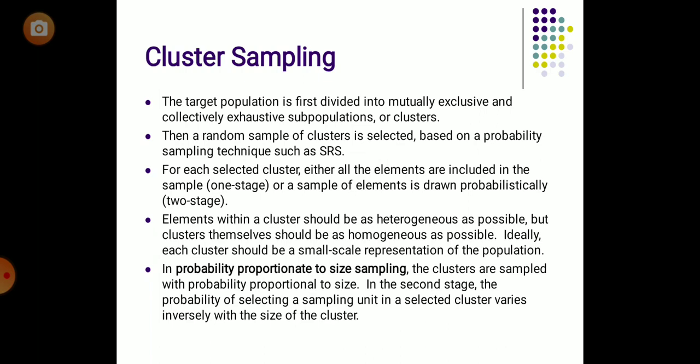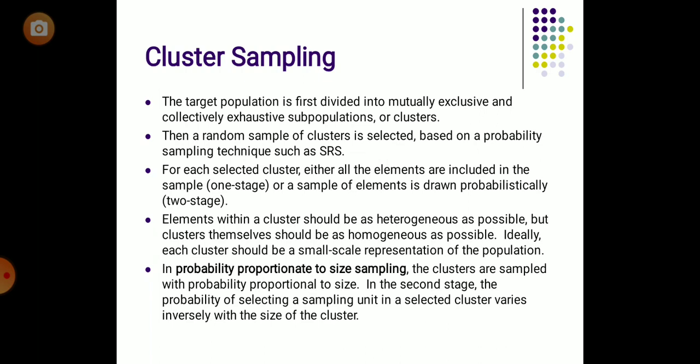Again, I am repeating it. In cluster sampling, within a group respondents should be heterogeneous, and between groups it should be homogeneous. In cluster sampling, first the population is divided into different clusters. More or less all the clusters are homogeneous in nature. The researcher will select the whole sample from one cluster.